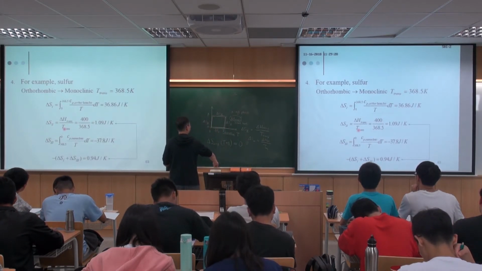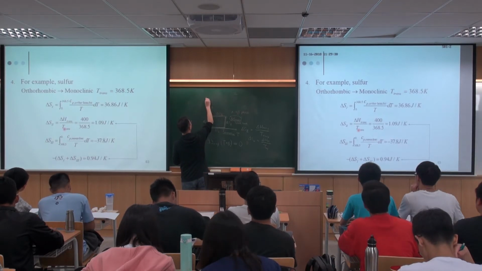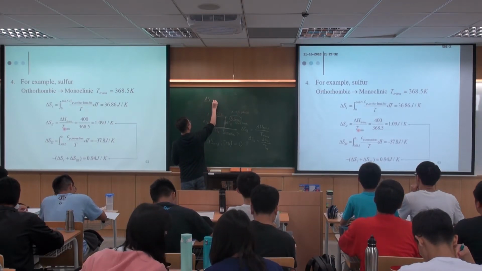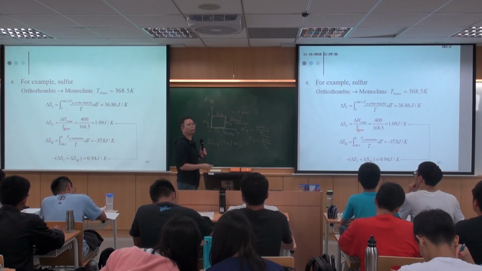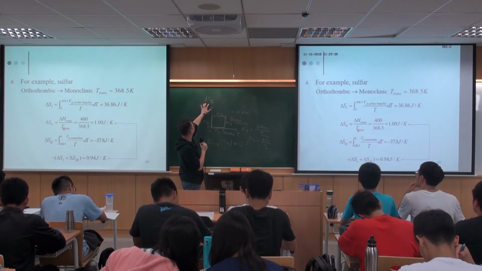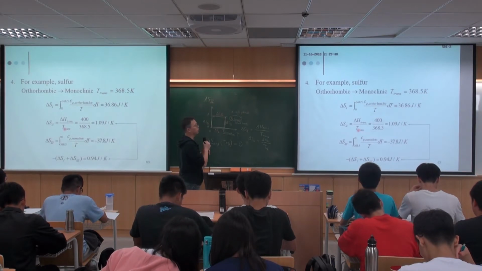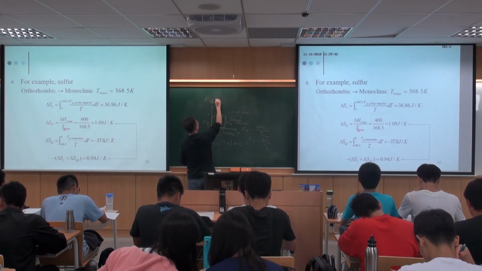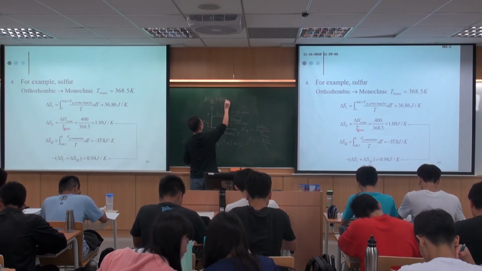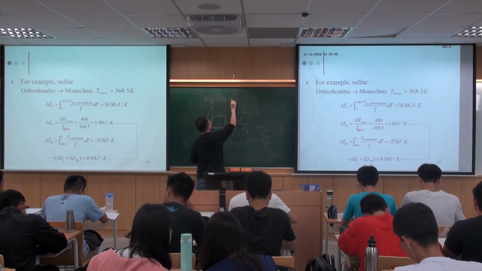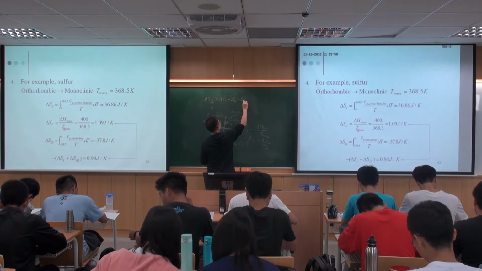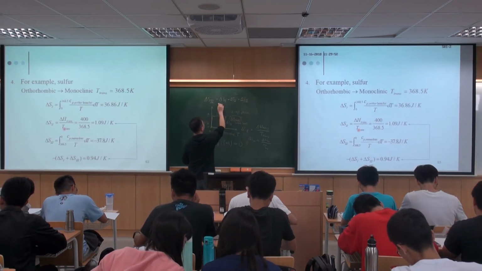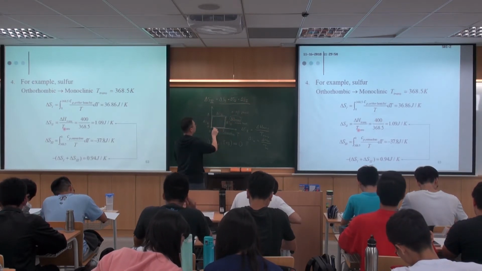The point here is to show that this is what we don't know. And this is what they call the third law delta S. We want this to be 0. But this is the sum of all these three.